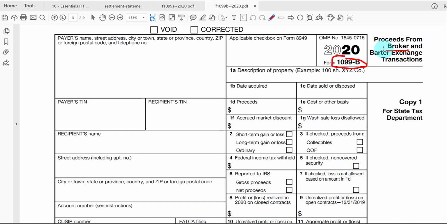We'll see this tax form go to Form 8949 in chapter 11, how we report all of these individual stock sales. But here is the sales price, and here is the cost. And of course, the difference between the two in our formula is the gain or the loss.